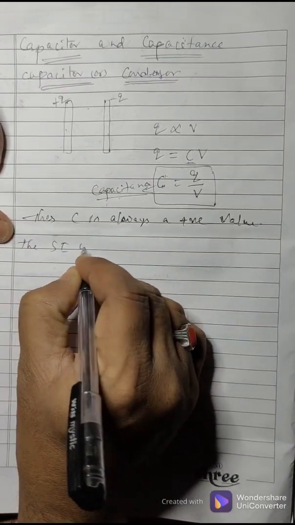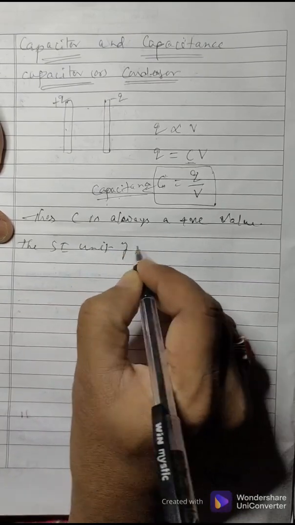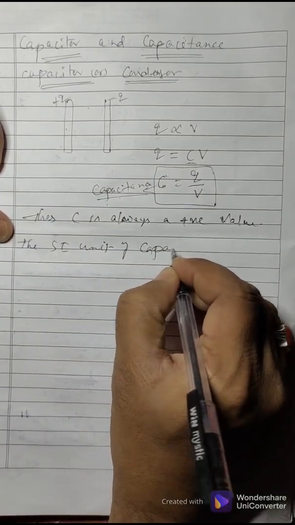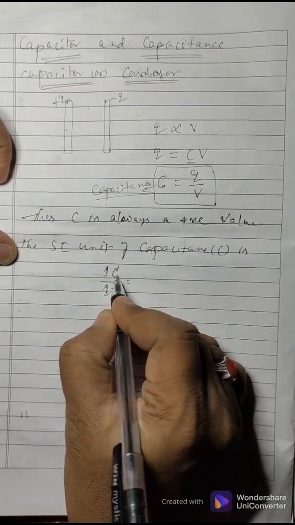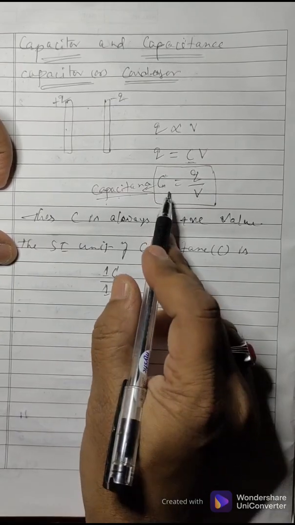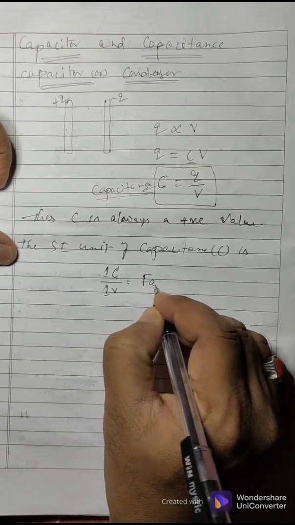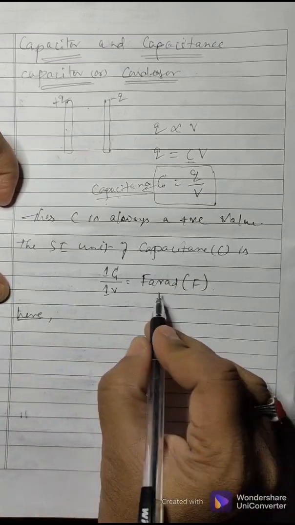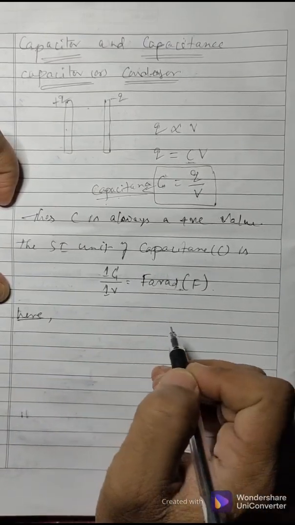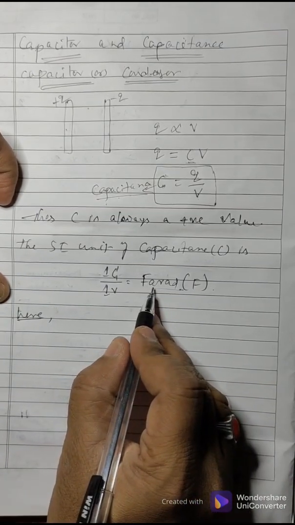The SI unit of capacitance C is coulomb per volt, which we also call the farad. Farad is the SI unit of capacitance, and it is a very big unit.